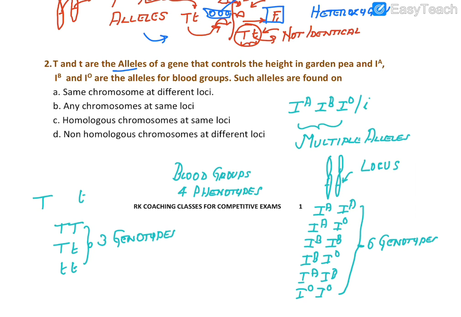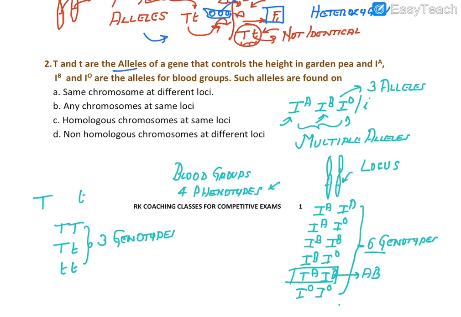The number of genotypes will be 6, with 4 phenotypes. And how many alleles are there? There are 3 alleles. Among these 3 alleles, IA as well as IB are dominant, IO is recessive. IA and IB are equally dominant. When they come together, the blood group will be AB. That phenomenon we call codominance.